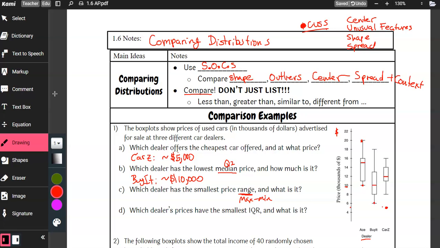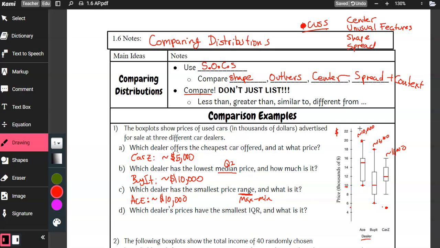Here between 6 and 18, that's about 12,000. So let me write this down. So this is about 10,000, approximately about 12,000. And then here about from 5 to 16, maybe that's 11,000. So we see that Ace is approximately 10,000 for the range.